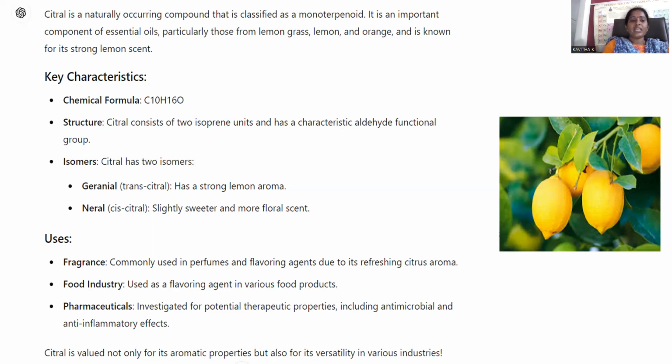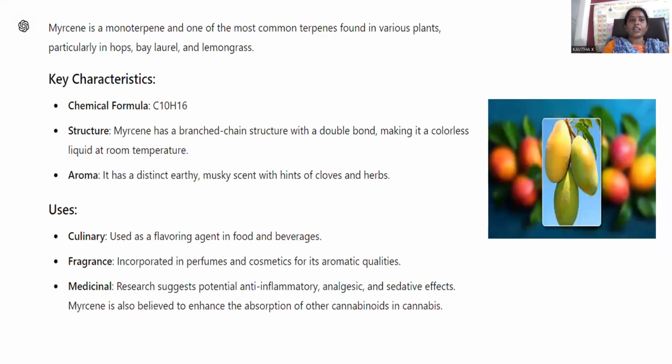An anti-inflammatory agent as well. This is the way we can notice pharmaceutical applications for citral. Citral is valued not only for its aromatic properties, but also for its versatility in industries as well. Not only as a food additive, even in industry we can utilize it.